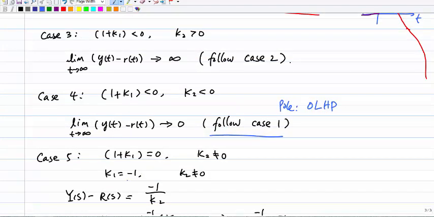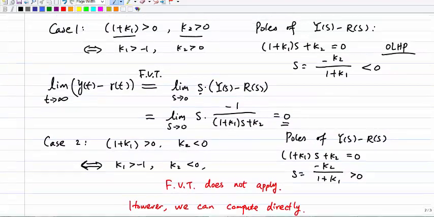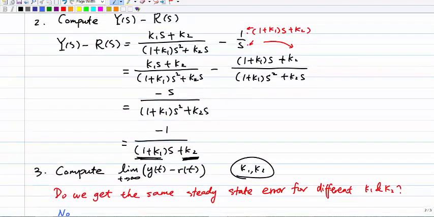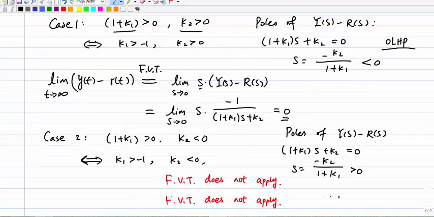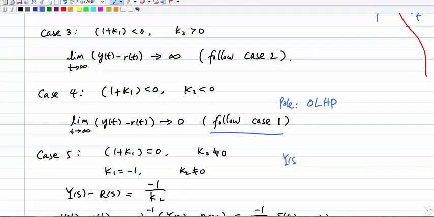Okay, which means k1 is, if I look at this one, so this is my Y(s). Let's go back over here. So my Y(s) minus R(s) over here is negative 1 over (1 plus k1) s plus k2.